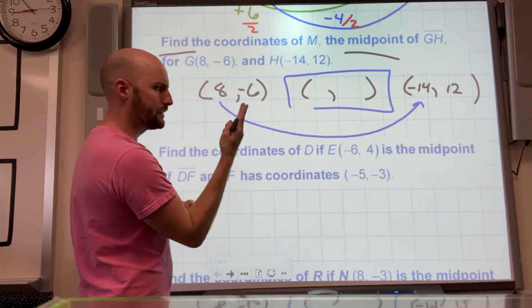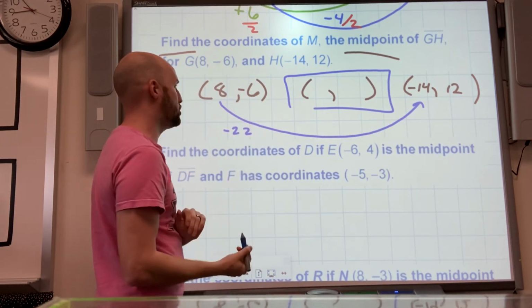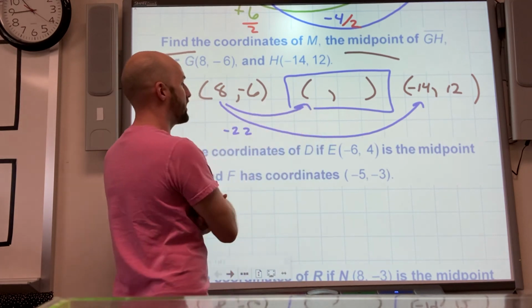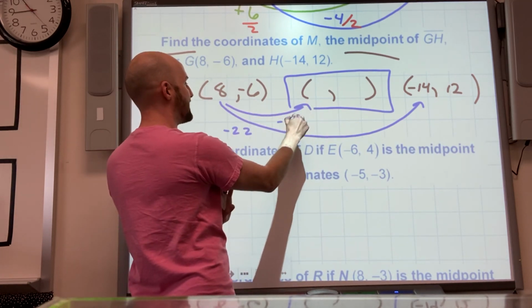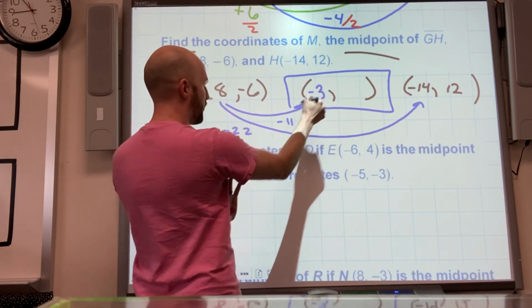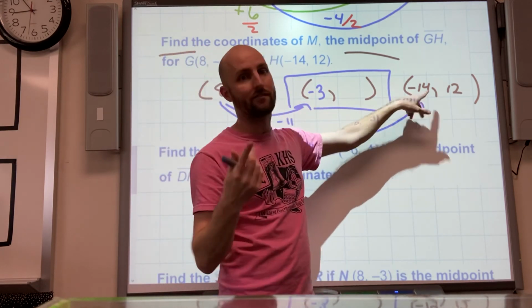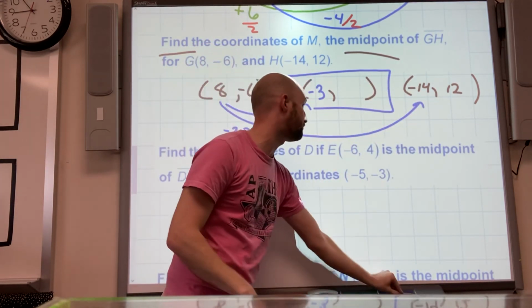So 14, 15, 16, 17, 18, 19, 20. Okay, so to confirm, I'd subtract 22. So to get here, I want to cut that in half and only subtract 11. 8 minus 11, negative 3. Check yourself. If I subtract the other 11, yes, that does feel like it's landing in the middle.